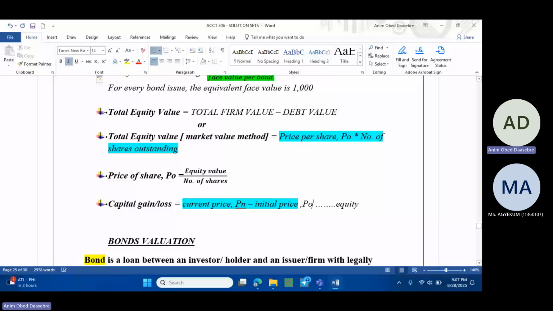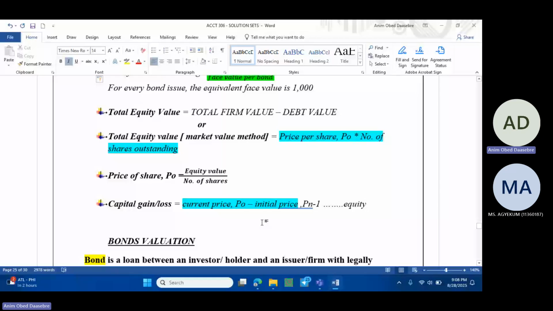So the new price or the current price. Okay, so this one is Pn, and this one is Pn minus 1. So this is current. Current is Pn, and the initial is Pn minus 1.